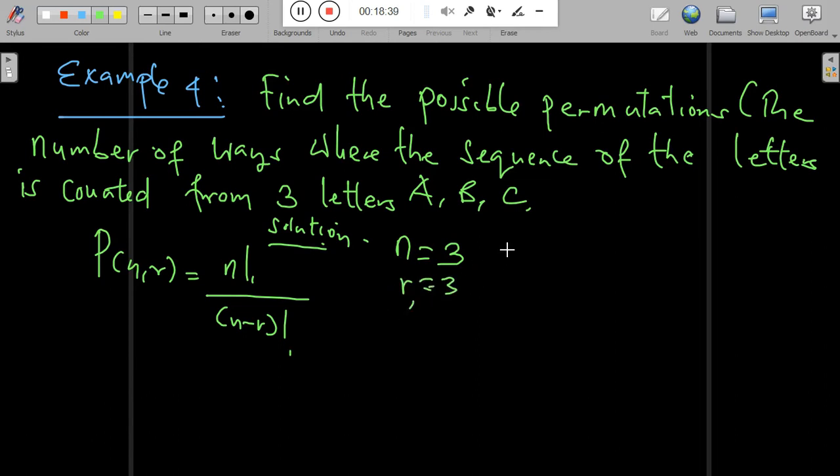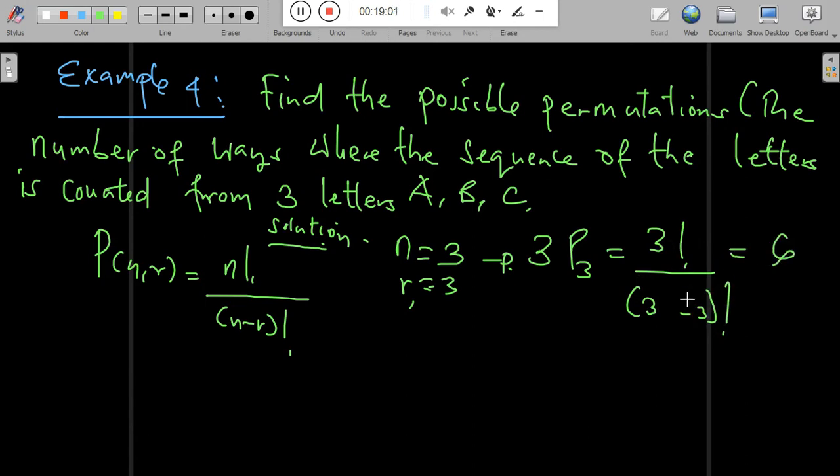So when we plug into our formula, it gives 3P3, which is 3 factorial divided by (3 minus 3) factorial. When you divide here, the answer will be equal to 6.